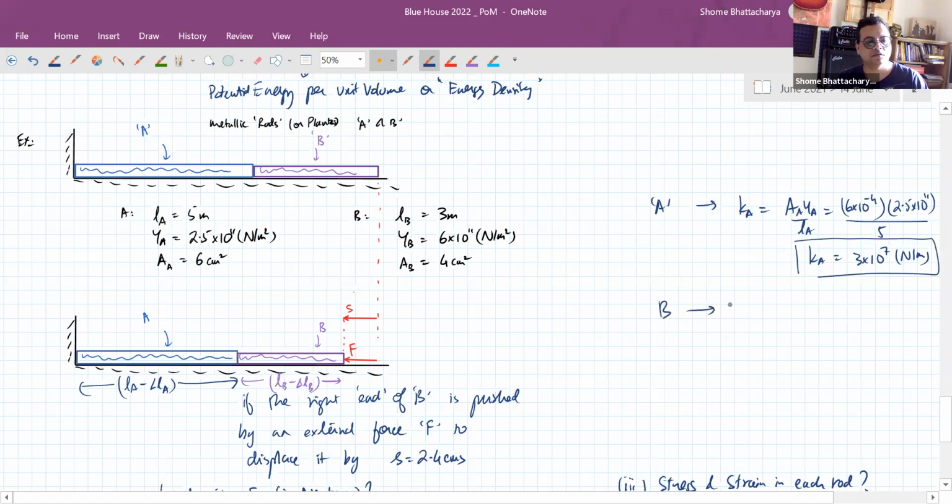Similarly, B will have an equivalent spring constant of area into Young's modulus divided by length.